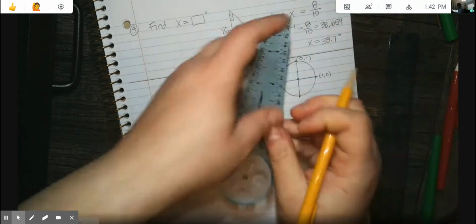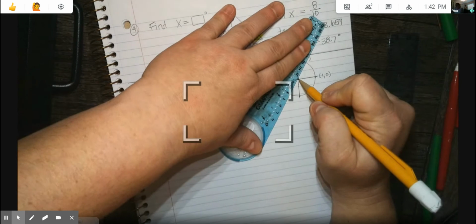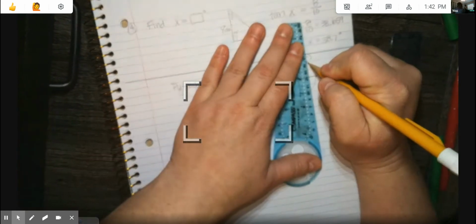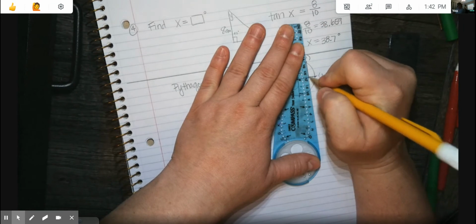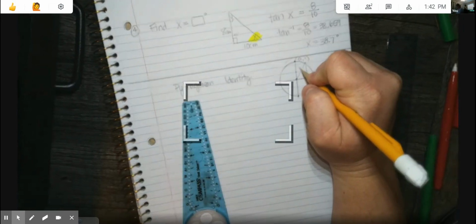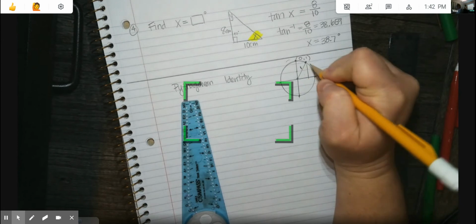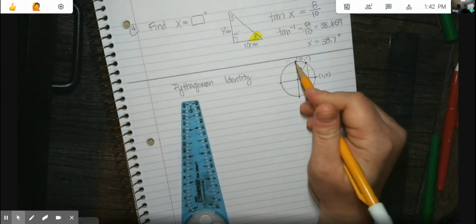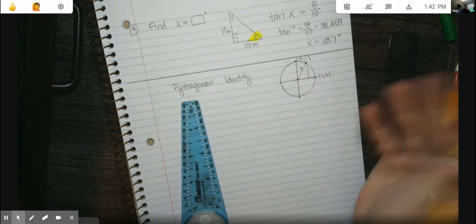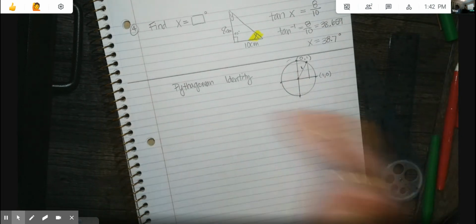So if you were to draw a right triangle at any point of this unit circle, then the hypotenuse or the radius, any of those radii on that circle would also be 1, because every radius or radii has to have the same length, right?